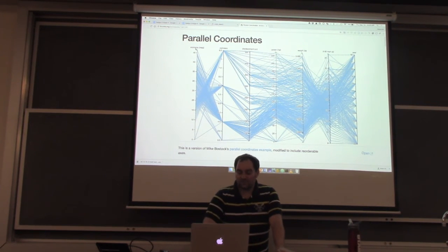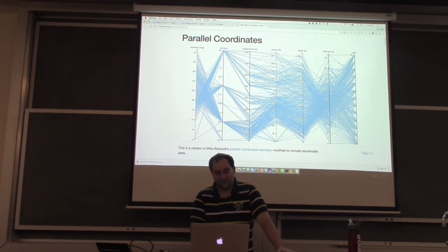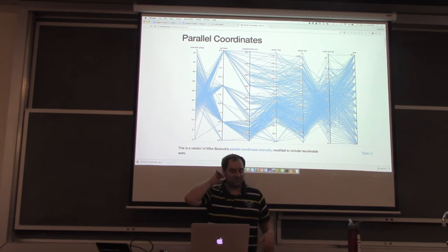And by looking at these polylines, we can trace that a car with a high miles per gallon range usually does not have 8 cylinders. So there's no high miles per gallon car with 8 cylinders. And then we can continue looking at what trends we see here. So we see that there is an inversion between weight and acceleration. It's an inverse relationship.